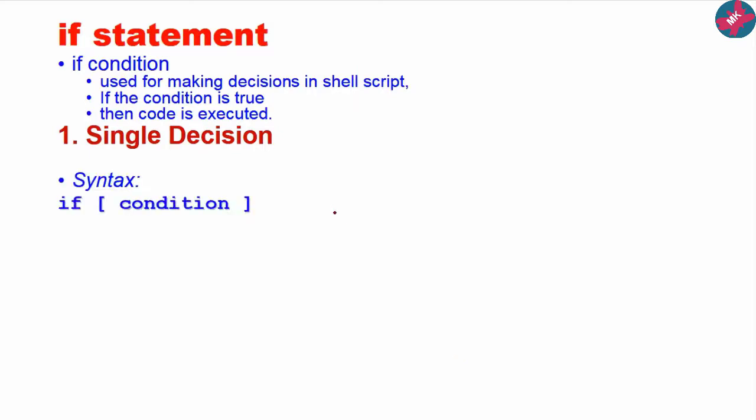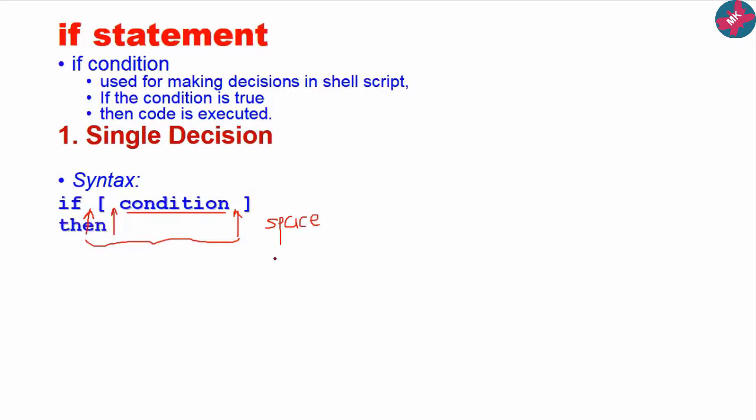See here, if, then remember a space will be there, then this square bracket, then a space. You write the condition here, then again a space. If you forget to give a space here, your shell script will run into an error, so always remember to give a space.